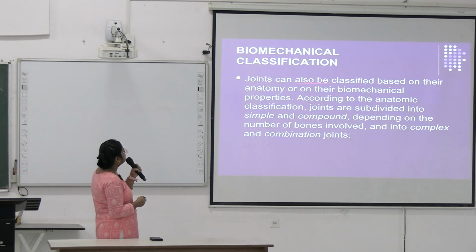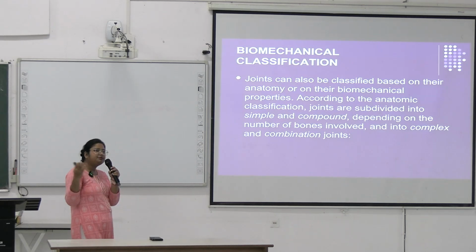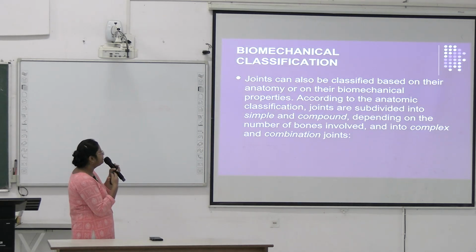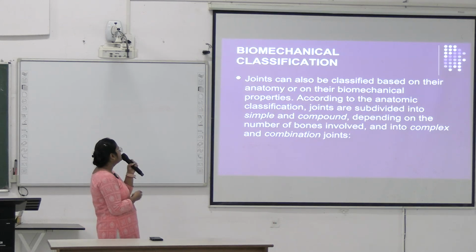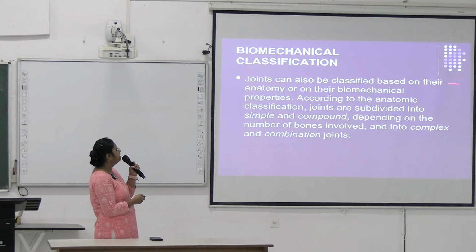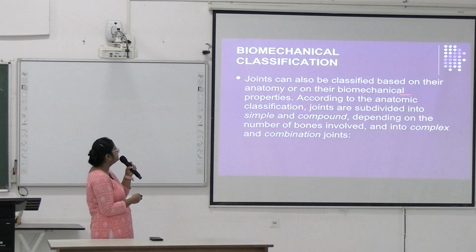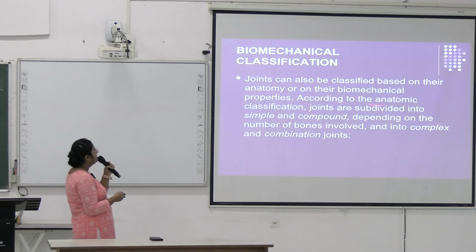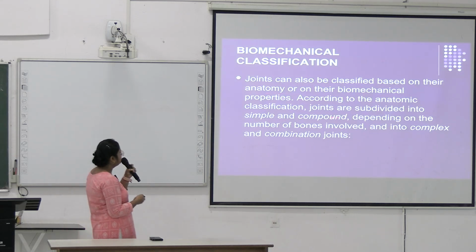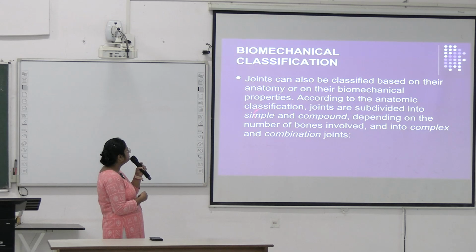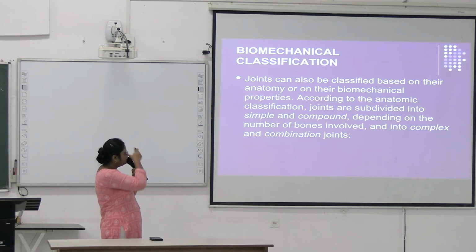Now, biomechanical classification according to the number of bones. Joints can also be classified based on their anatomy and on their biomechanical properties. According to the biomechanical classification, joints are subdivided into simple joint and compound joint, depending on the number of bones involved, and into complex and combination joints.